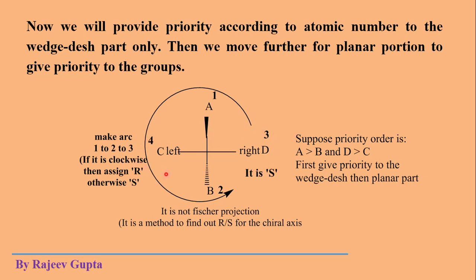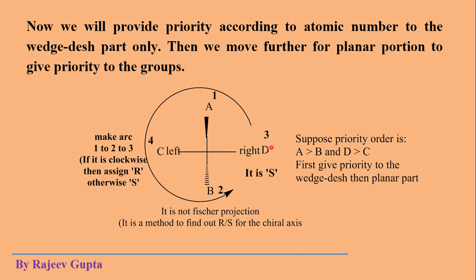Remember that it is not a Fischer projection, it is just a method to solve RS assignment for a chiral axis only. Because this is not a chiral center, it is a chiral axis, which is represented like this.